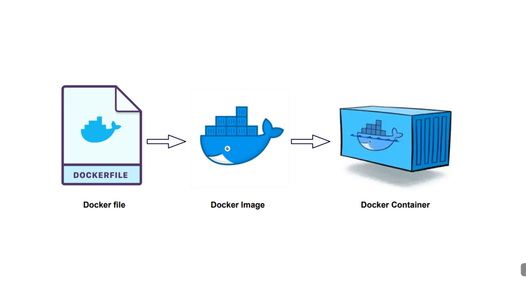The first requirement is an image. If we have an image, then we can start the container. And how do we create an image? We can create an image from a Dockerfile. First we have a Dockerfile, from that Dockerfile we create an image, and from that image we create a container.